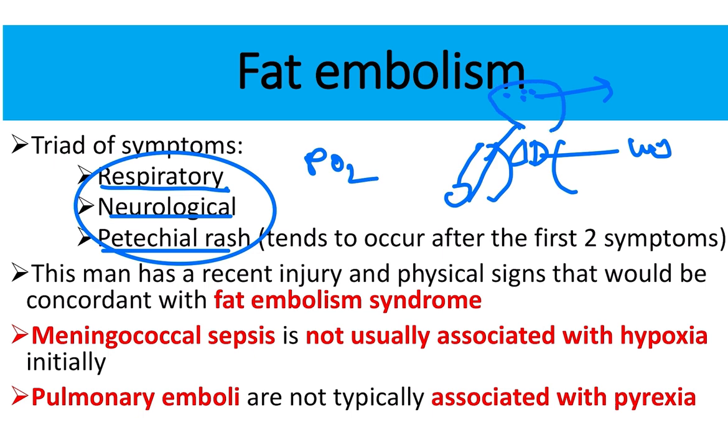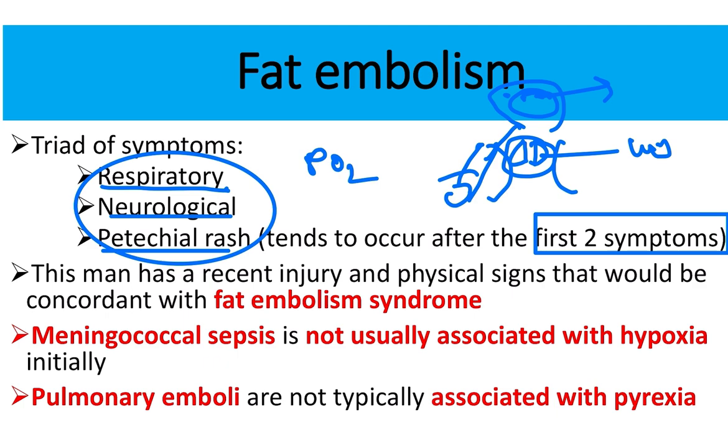So these three components are essential for the fat embolism diagnosis. What happens in fat embolism? First of all, there is the neurological symptom. Second, there is lung compromise, and also there is the petechial rash. The rash tends to occur after the first two symptoms, that means the respiratory and neurological symptoms.